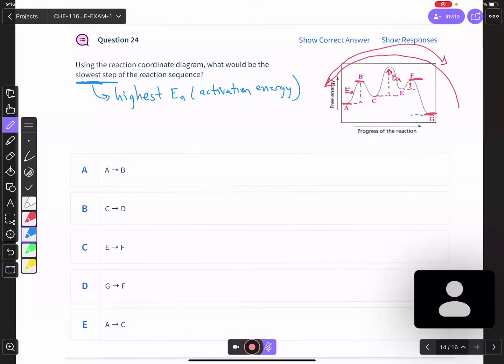But if I take this reaction in reverse, G all the way up to F, that is actually the largest activation barrier. That's a larger hill, G to F, than A to B or C to D. So that would be the slowest step in this reaction if we were able to run it in either direction. So yeah, choice D here: G to F would be the slowest step.